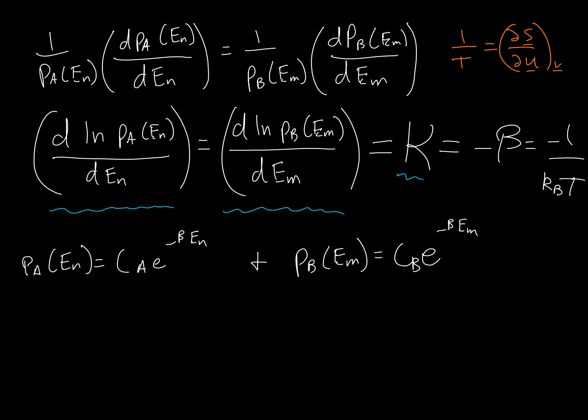Now we just need to solve for the constants of integration. And for that, we rely on probability. We know that the system has to exist in some state. So no matter what, yes, question? Plus means and. Yeah, it's an and. Okay.